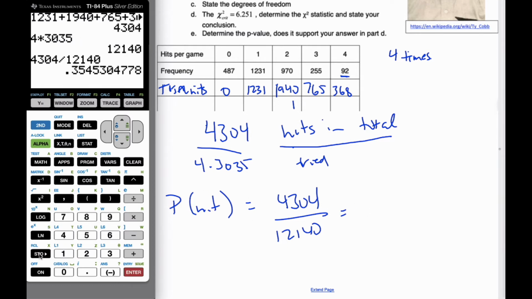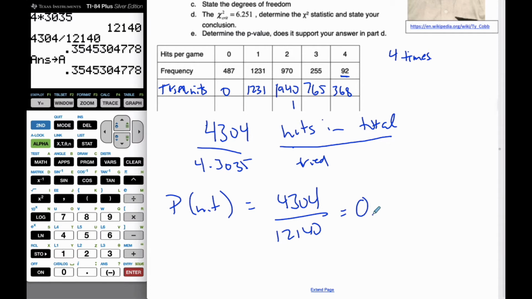I'm going to store this into alpha A. So I get 0.354, 355 to 3 significant figures.